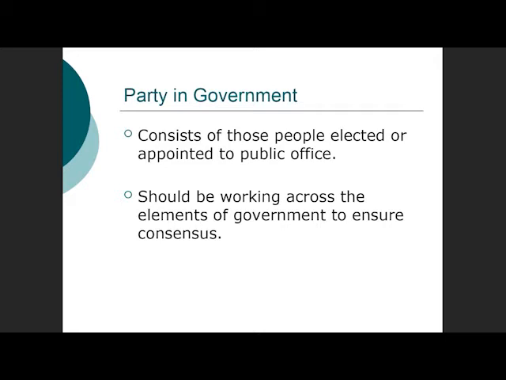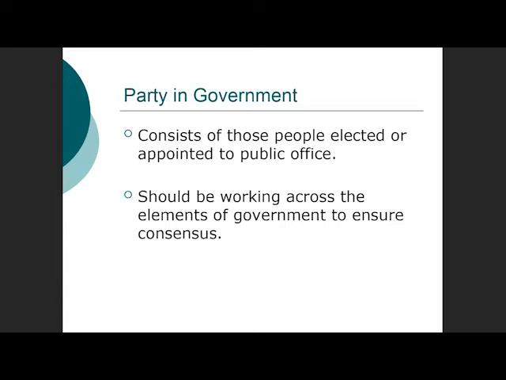So these are identifiable party members, right, that have achieved an office in government, either through election or appointment. And so they're working in government, doing whatever their job in government is, having gotten there as being an elected or appointed member from their party. So all the politicians, right, are this party in government.